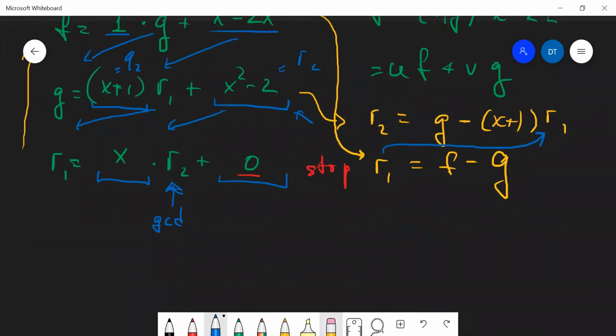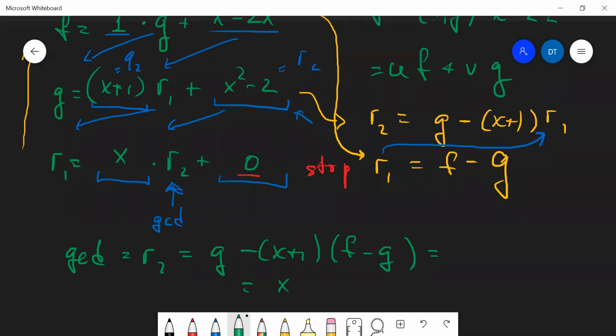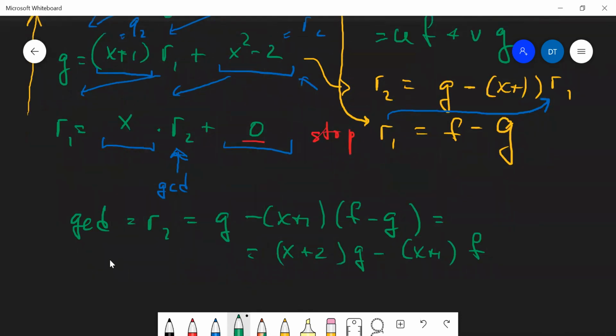So your GCD, which is R2, is equal to G minus X plus 1 times R1, but R1 is F minus G. So at the end, you will get X plus 2 times G minus X plus 1 times F. And this is the result. So this is your U, and this is your V. Is it clear?